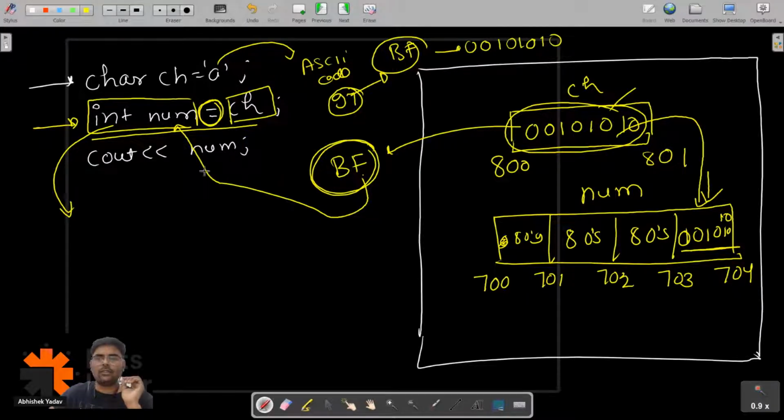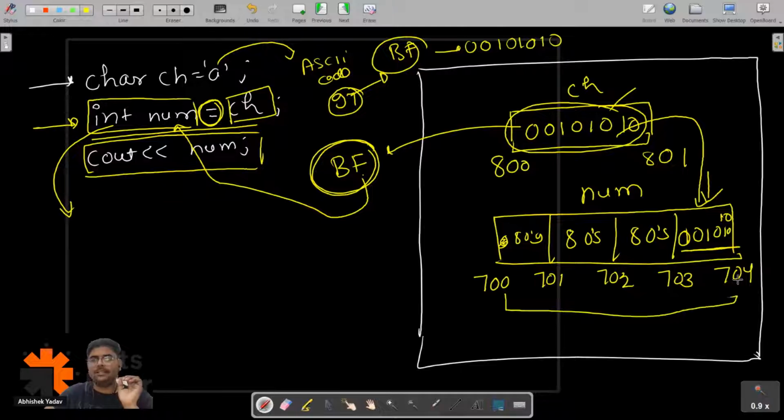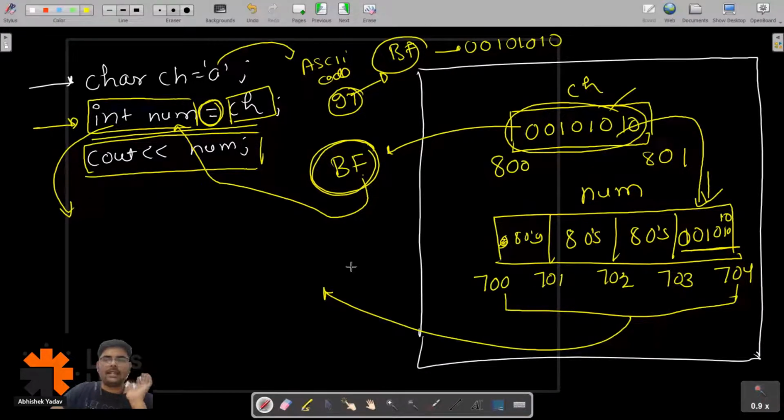After that, what will happen? I will move to the next line, and the next line is cout num. That is, I am printing num. So the moment I try to print num, what will happen? I will fetch the data from 700 to 704. Whatever is written from 700 to 704, I will take that data out. This is binary format data.